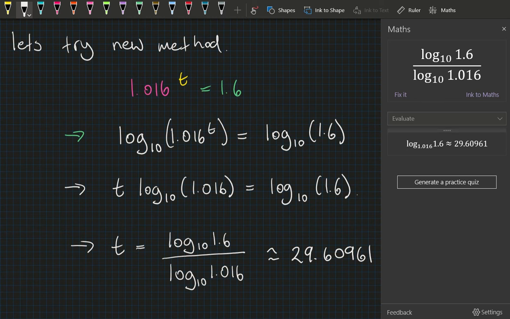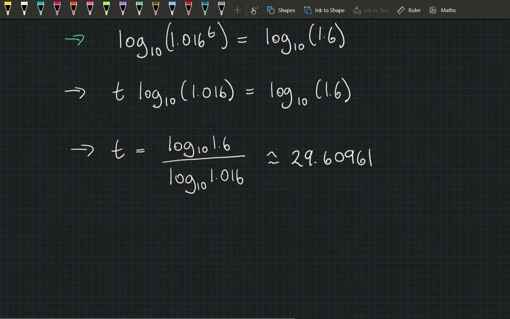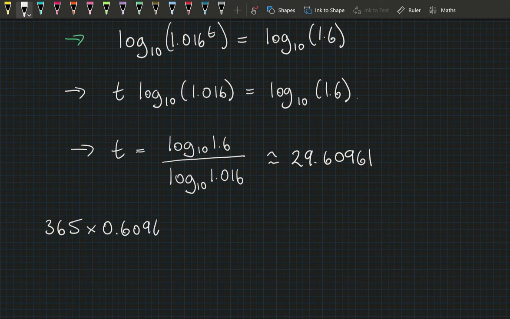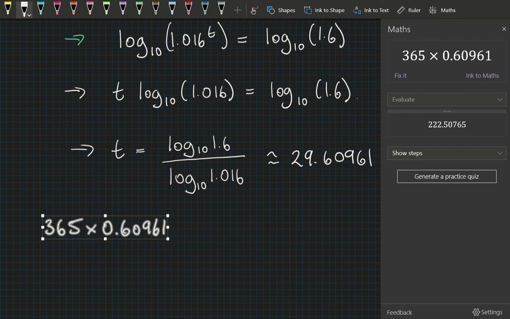Okay, so assuming that we're starting on January the 1st of 2020, we can see we've got 29 years there. So looking at the decimal places and calculating 365 days, 365 times 0.60961 is 222.50765.